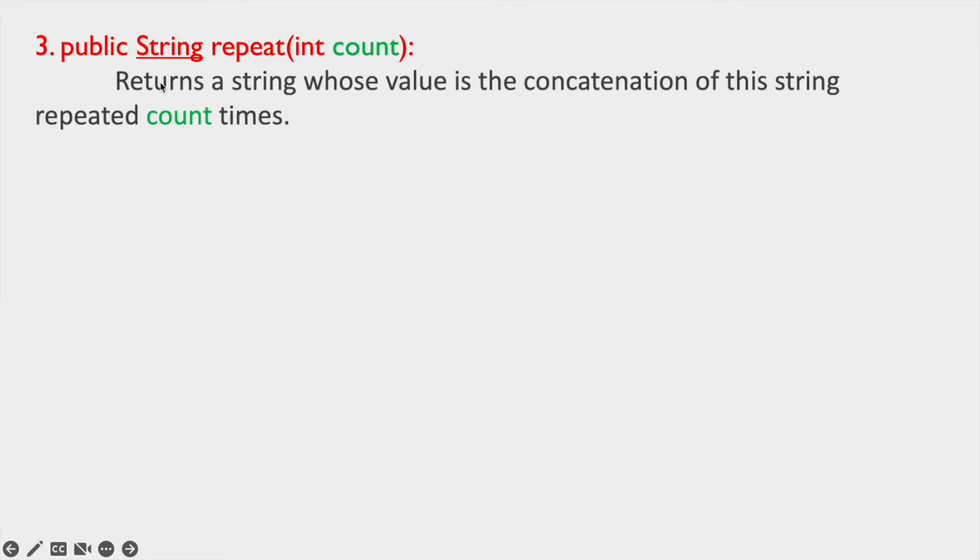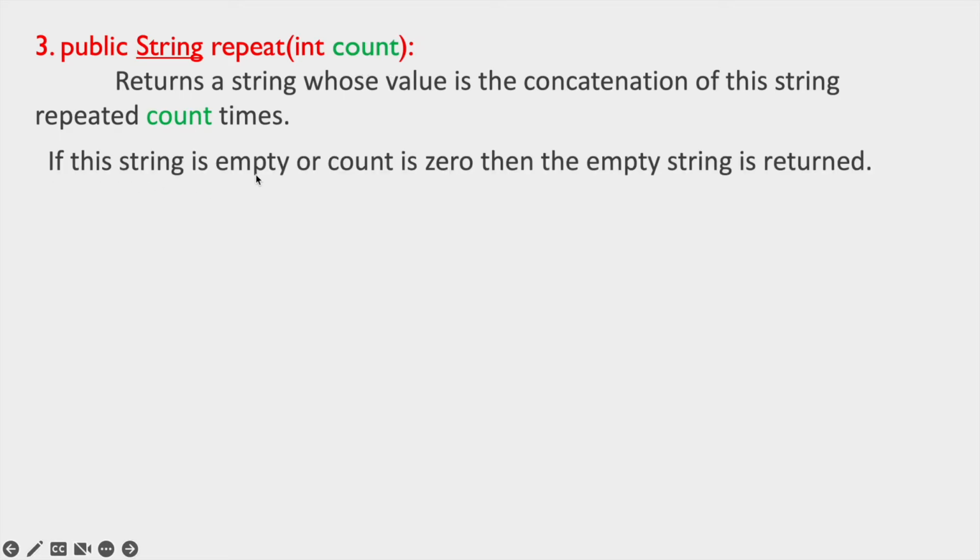The next method is the repeat method. This method returns a string whose value is the concatenation of the string repeated count times. That means when you apply this repeat method on any string object, whatever value the string object has will be repeated count number of times.